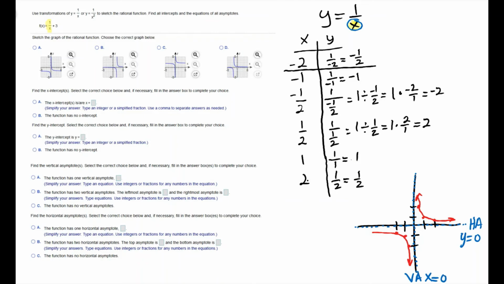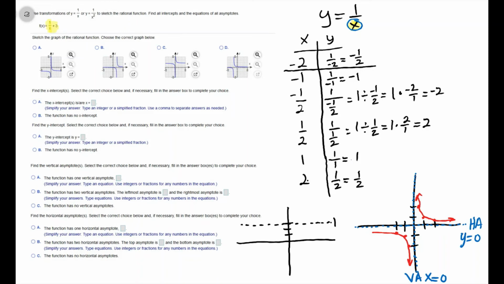So going back to the problem we're actually trying to graph, remember we're trying to use transformations to graph 1 over x plus 3. Now that plus 3 is a vertical shift. It's going to shift all of these points up 3 units. So when it shifts it up 3 units, that's going to take that horizontal asymptote that was at 0 and move it up to 3.